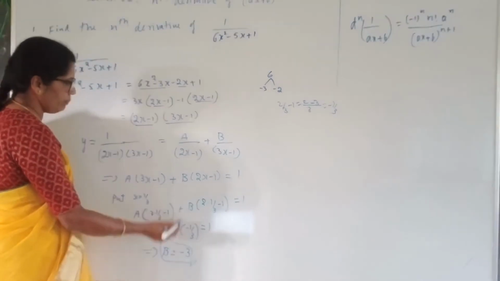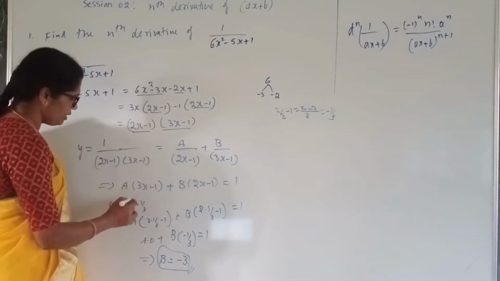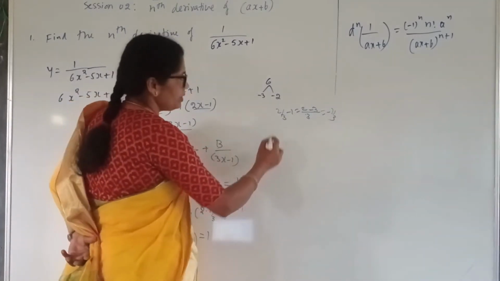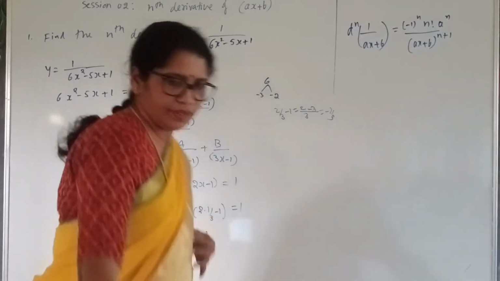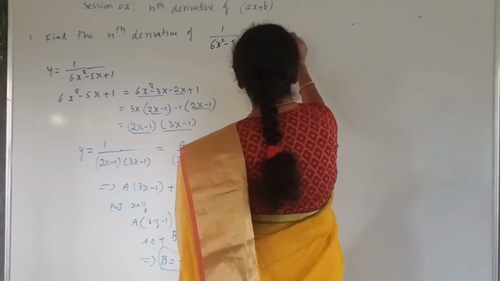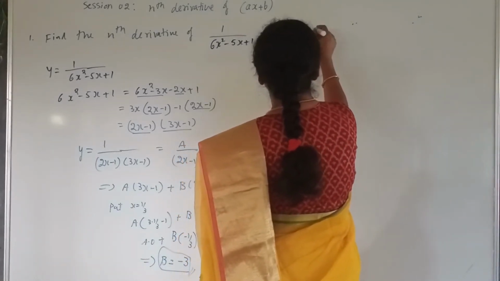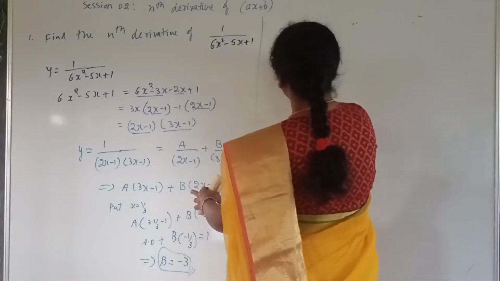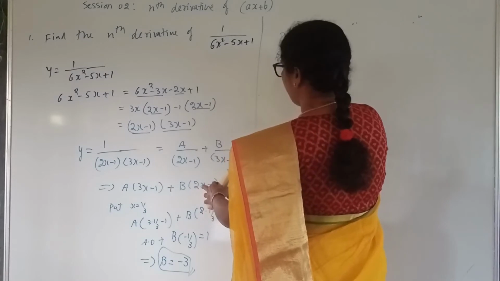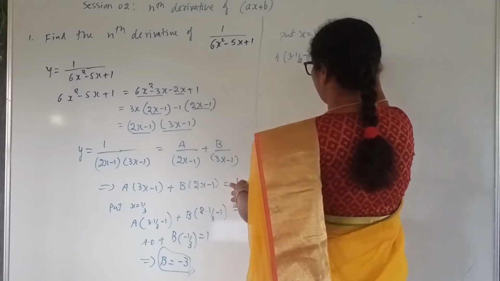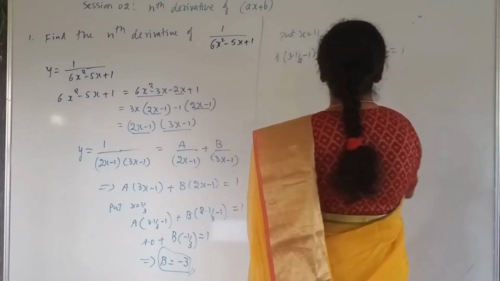And now put x is equal to 1 by 2. Then we get a into (3 into 1 by 2 minus 1) plus b into (2 into 1 by 2 minus 1) is equal to 1.